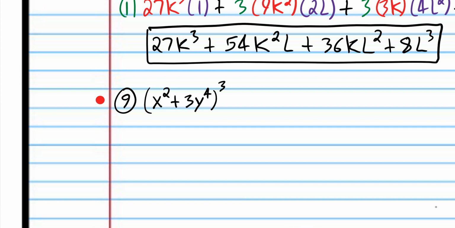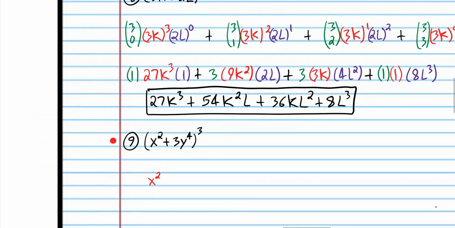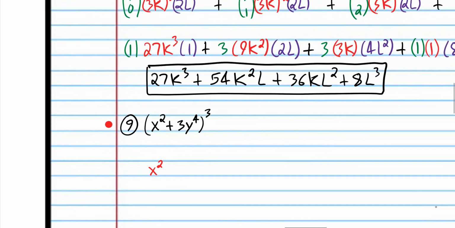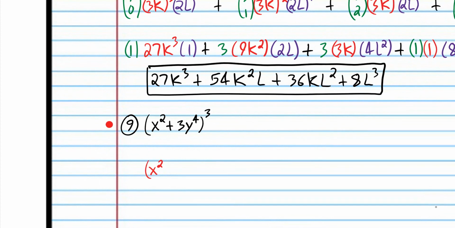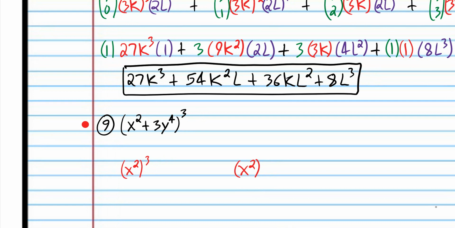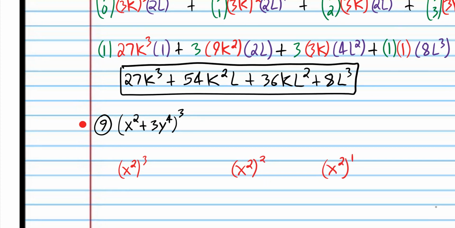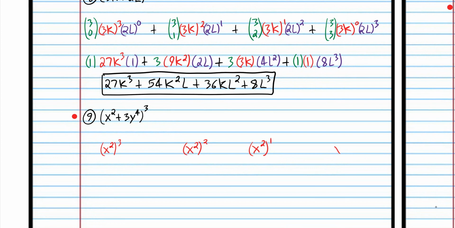Okay, so we're going to start with x squared, and that's going to be raised to the third power because we have a 3 here, and then x squared raised to the second power, x squared raised to the first power, and then x squared raised to the 0 power. So descending powers.